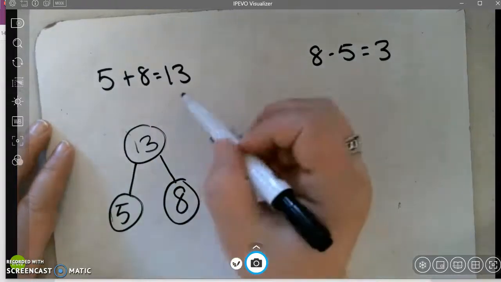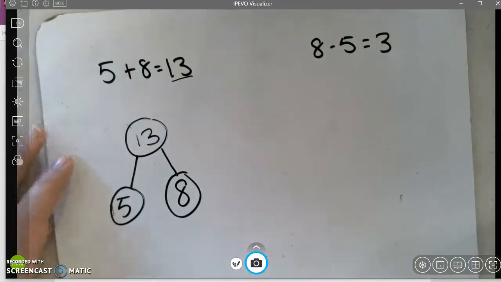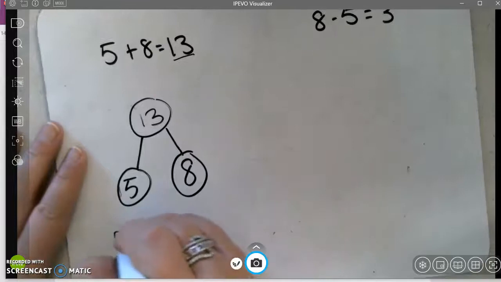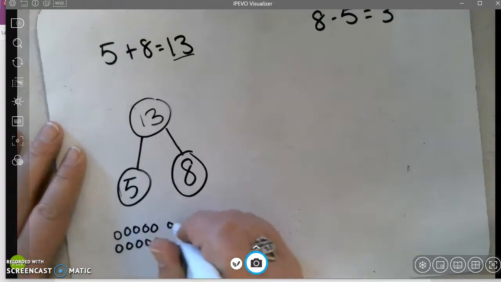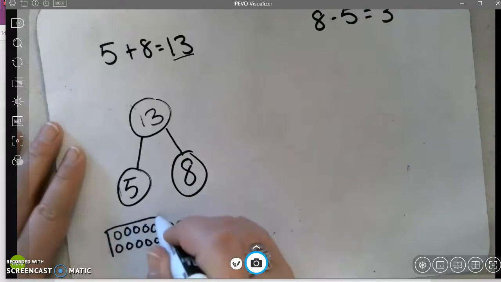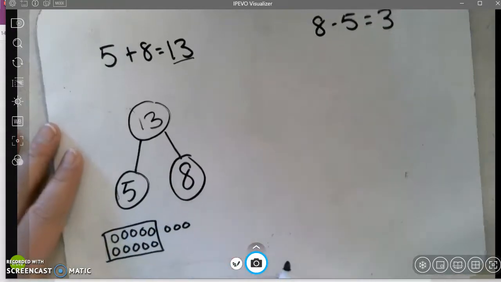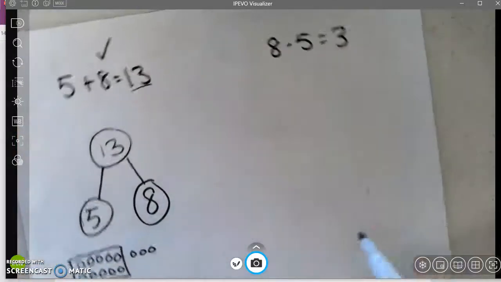Okay, the biggest number is always the whole number. Well, let's see. Does 5 plus 8 equal 13? If I have 1, 2, 3, 4, 5, 6, 7, 8, 1, 2, 3, 4, 5. I have a full 10 right here and 3 more. So this is correct.